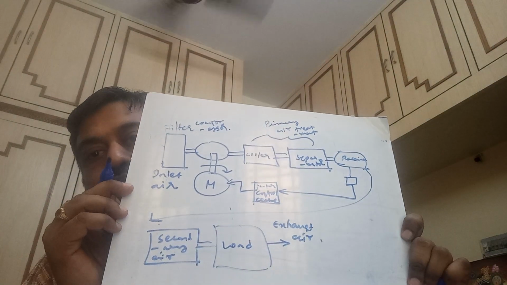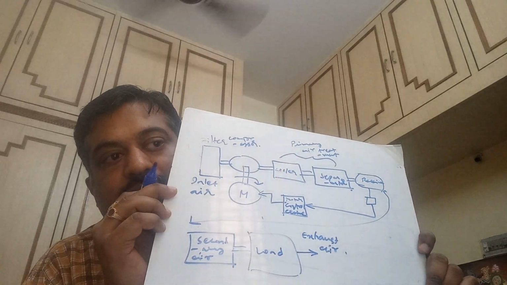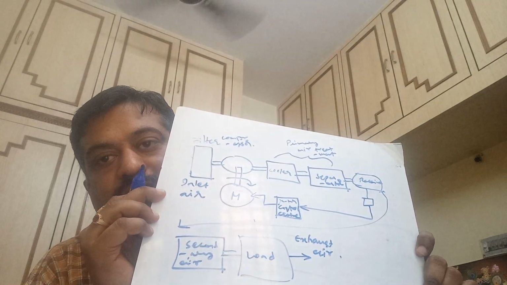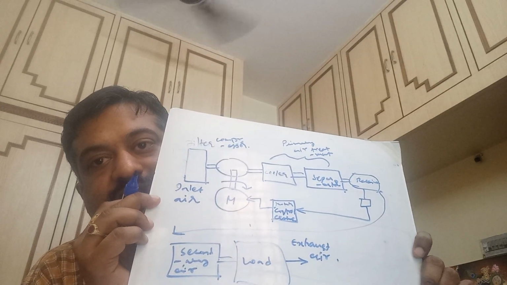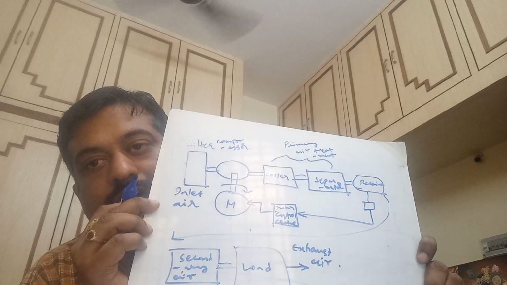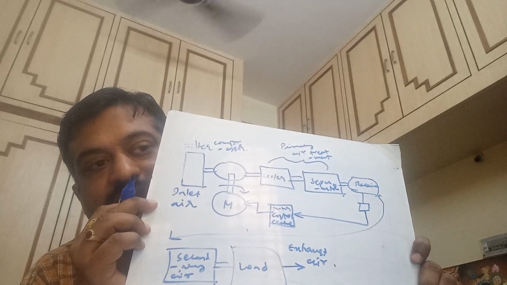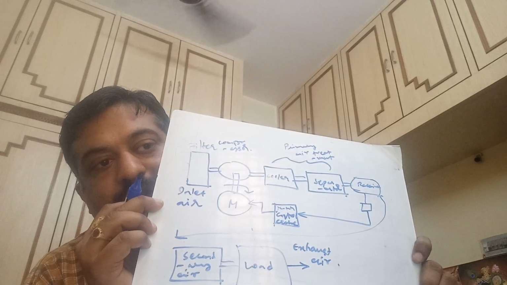This is the block diagram which will show you the components. The first one is the air filter, through which inlet air enters from the outside atmosphere. Then after that, cooler, then separator. These are the primary air treatment.